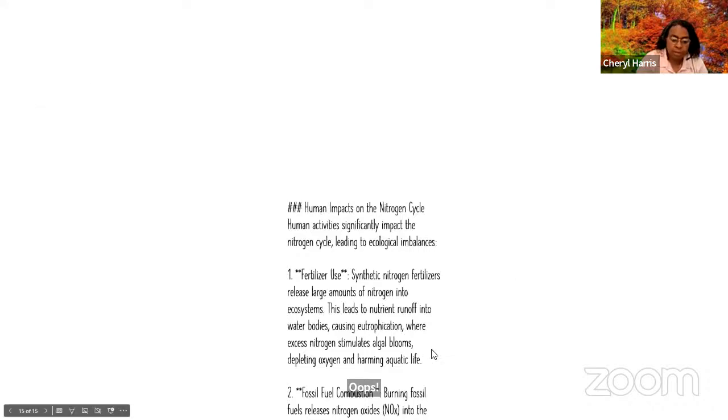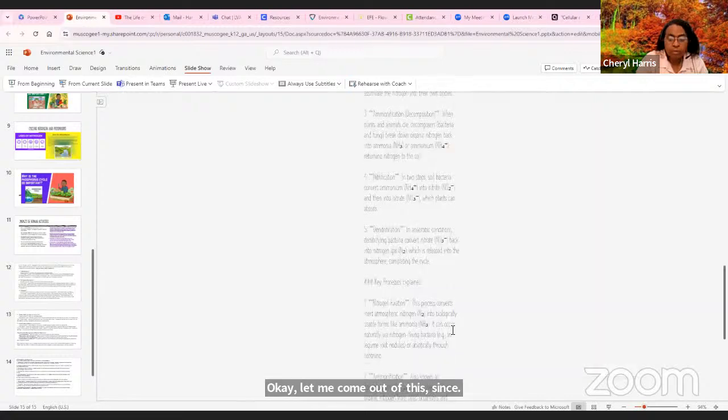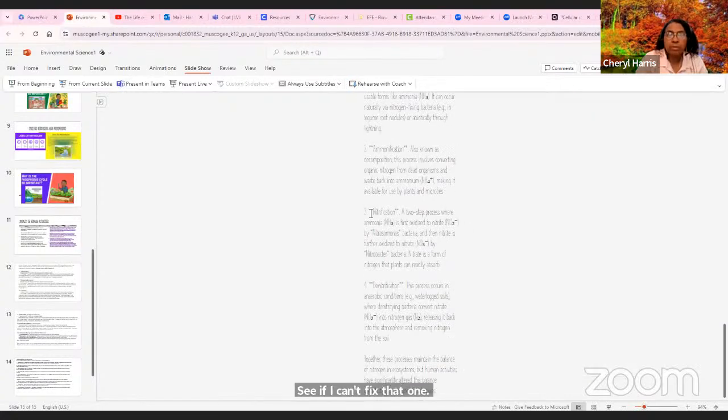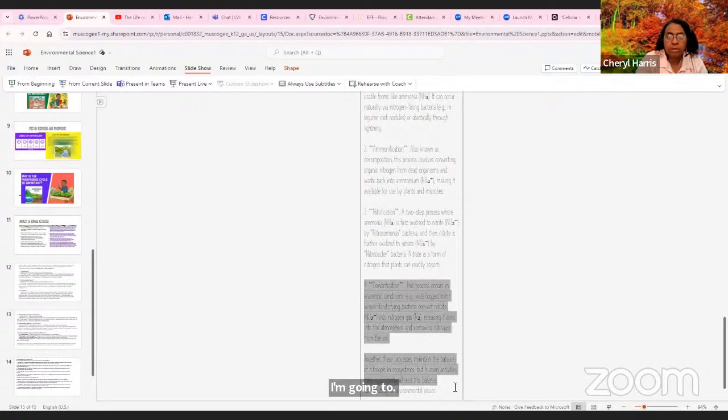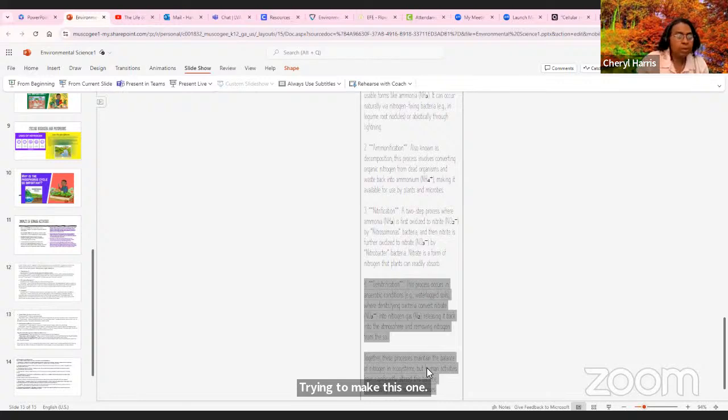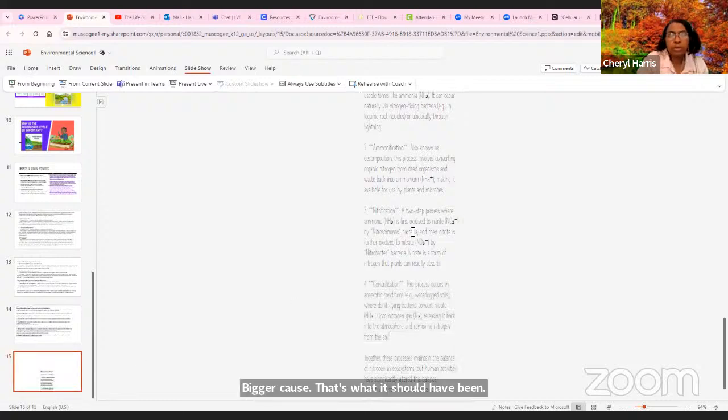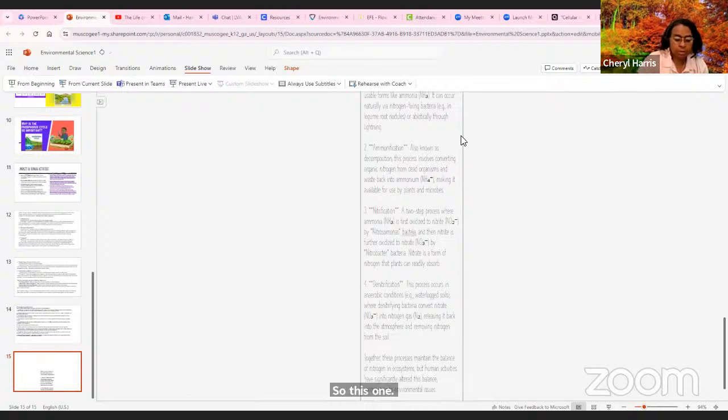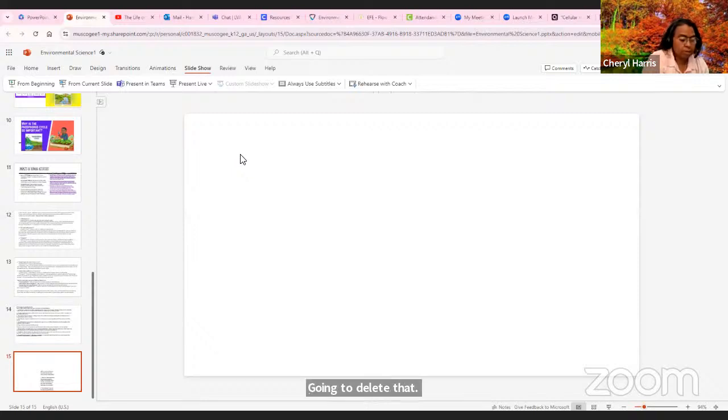Okay, let me come out of this and see if I can fix that one. I'm going to try to make this one bigger because that's what it should have been. So this one, we're going to delete that.